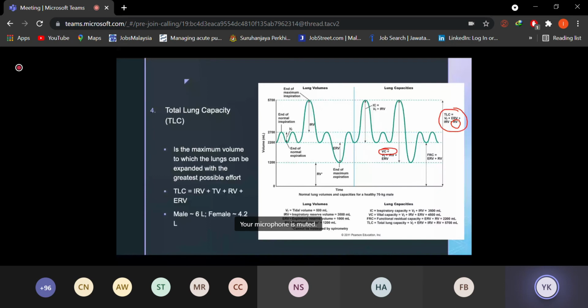If including the residual volume, that will be your total lung capacity. All these capacities and lung volumes are important. You should remember the definitions and be able to define them.